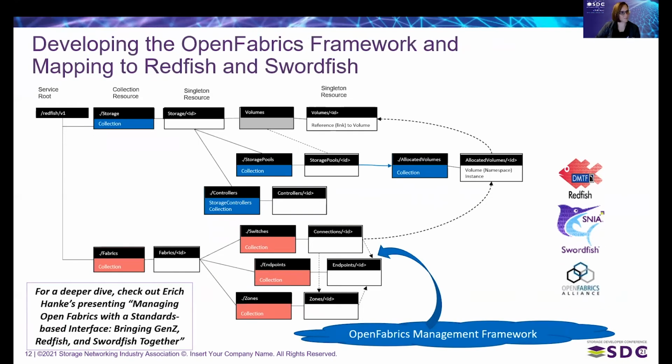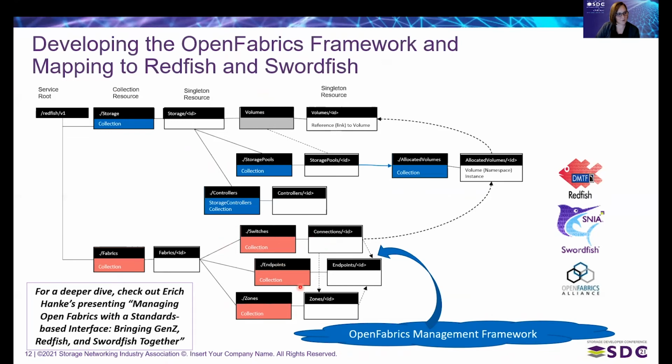We've been talking a lot about fleshing out the model, expanding details. How are we doing that with the OpenFabrics framework? What we're really doing is the OpenFabrics management framework is an open source reference implementation that works across different fabric types to instrument what I highlighted a little bit ago, which is that connectivity model.